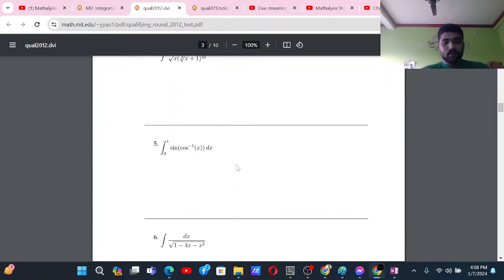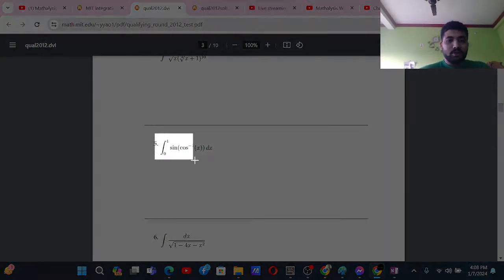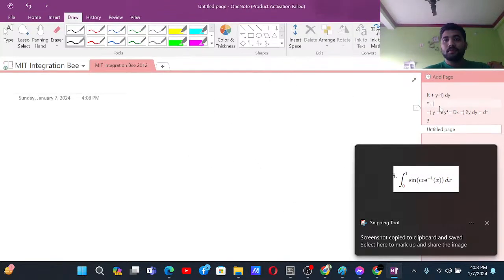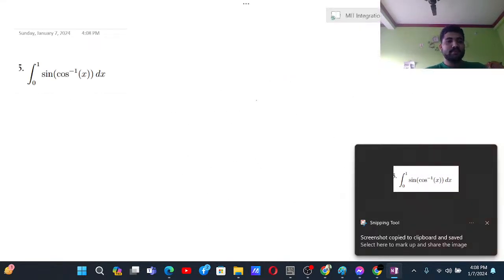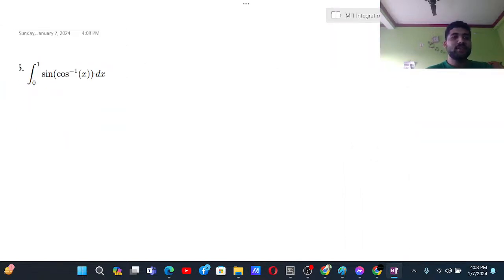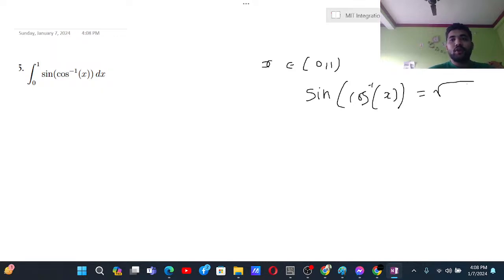Now, this problem is kind of easy. Now for this problem, whenever x belongs to range 0 to 1, we can use that sine of cos inverse x is just root under 1 minus x square.